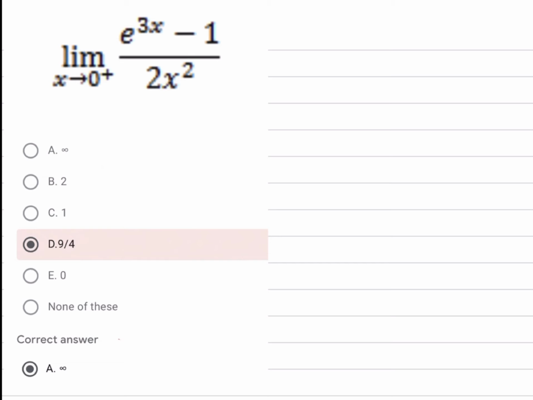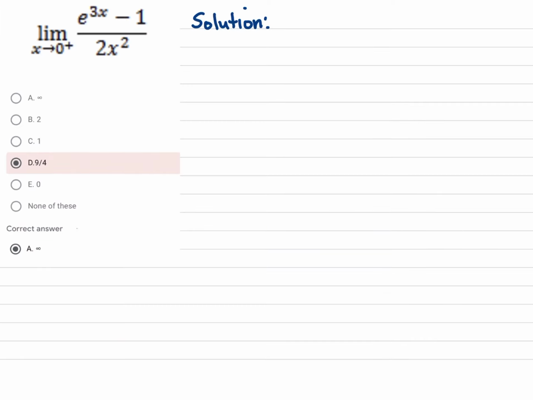Okay, so I'm going to present the solution to this problem. Our given is the limit of e raised to 3x minus 1 over 2x squared as x approaches 0 from the right side.